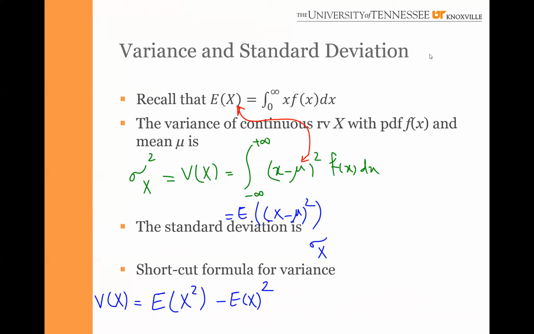Okay. How do I explain it? I don't want to expand it, but we can work through this equation to actually get to this equation. If you expand this, write this as p of x times x squared plus mu squared minus 2x mu, you can work your way to get the shortcut formula. But in essence, the shortcut formula is, this is essentially mu squared.